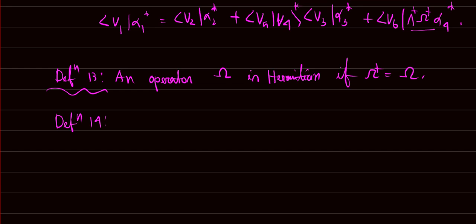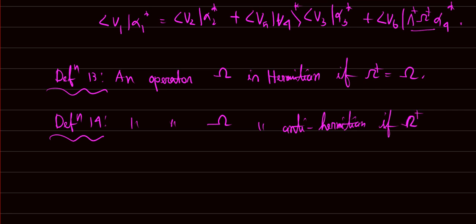And definition 14 is, an operator omega is anti-Hermitian if the adjoint of the operator is equal to the minus of the operator.